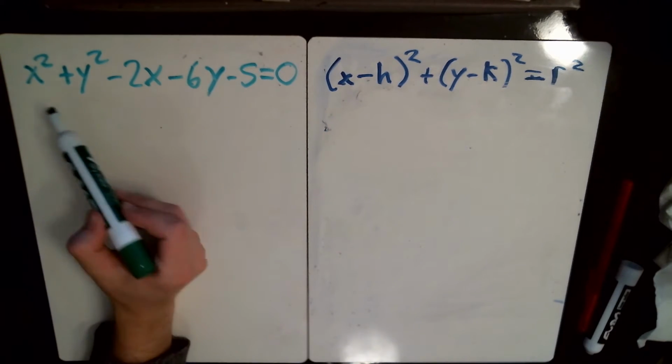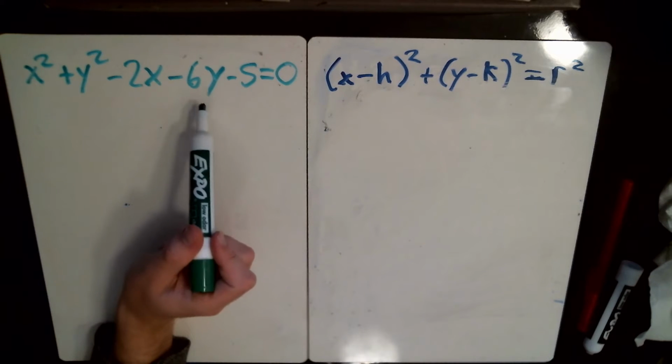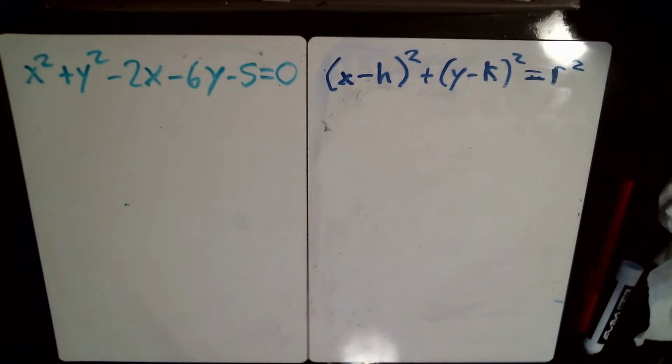Well, I have an example here. We've got x squared plus y squared minus 2x minus 6y minus 5 is equal to 0, and I want to sketch a graph of it and find the center and radius.